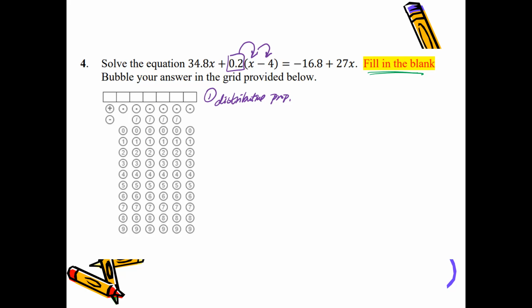When you do the distributive property, you're going to end up with 34.8x plus 0.2x minus, and on your test, you can use a calculator. So grab your calculator. What is 4 times 0.2? You should get a negative 0.8 equals negative 16.8 plus 27x.